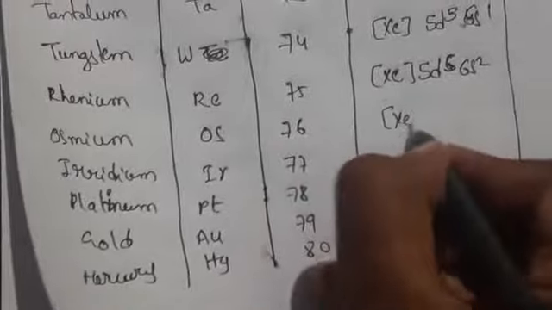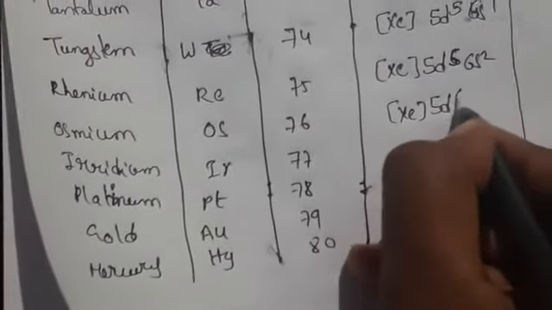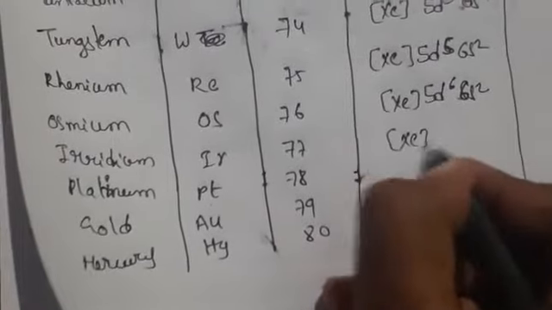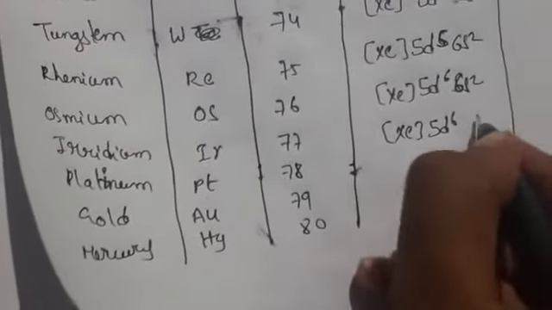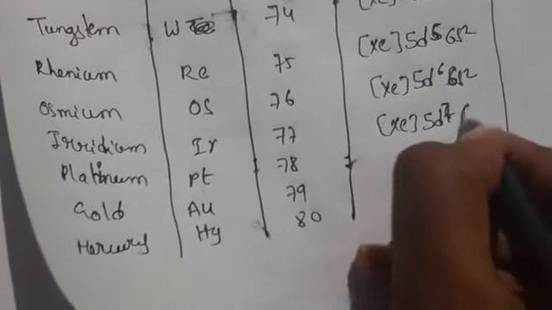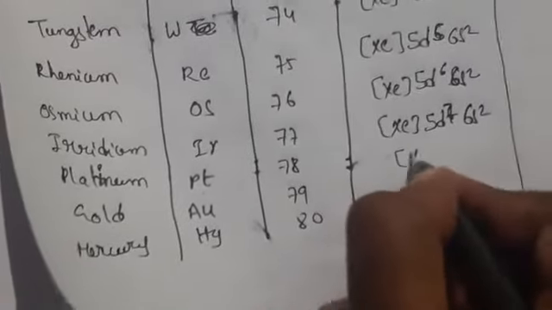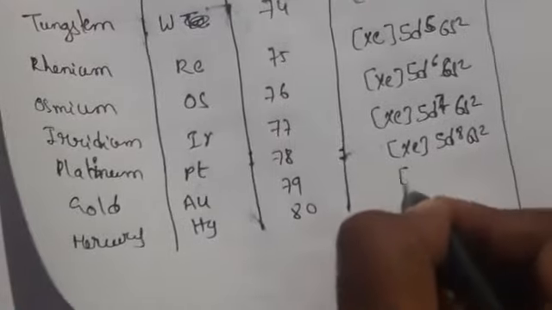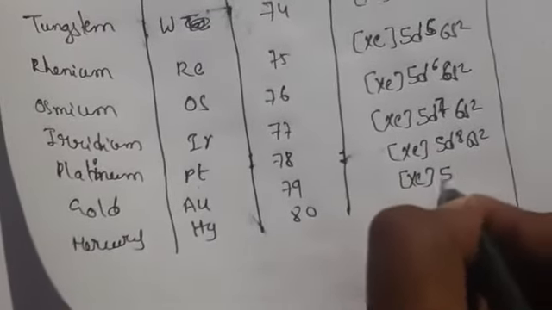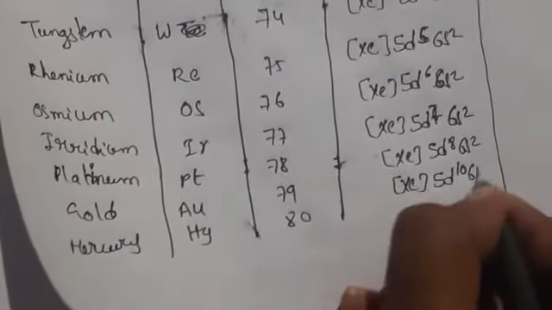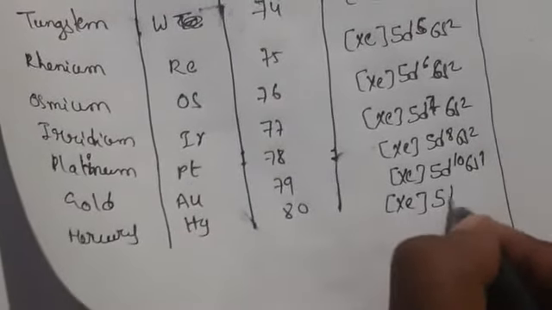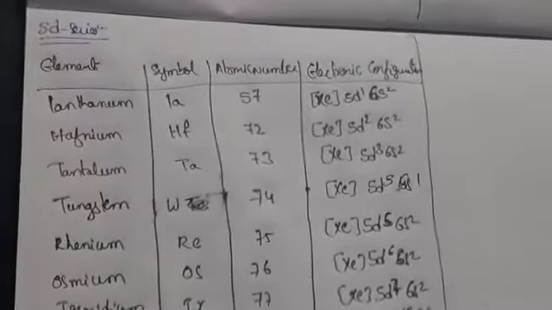The configurations will be xenon 5d6 6s2, xenon 5d7 6s2, xenon 5d8 6s2. Here also, like copper, we get xenon 5d10 6s1. Here xenon 5d10 6s2. So these are the 5d series.